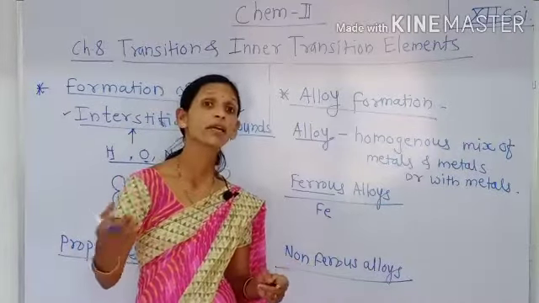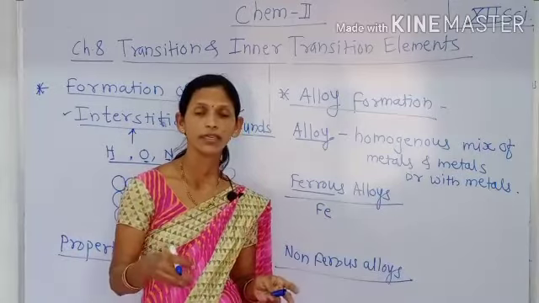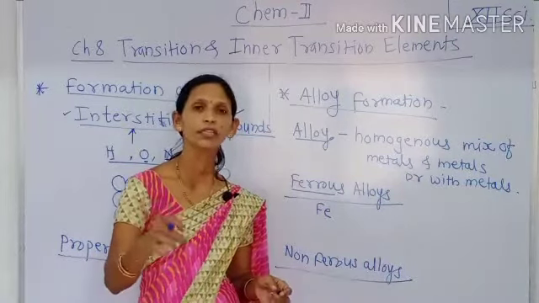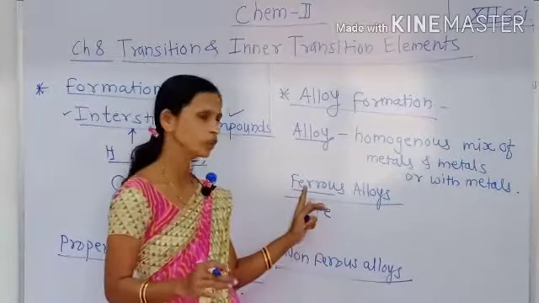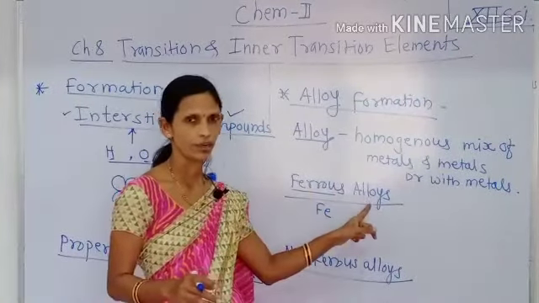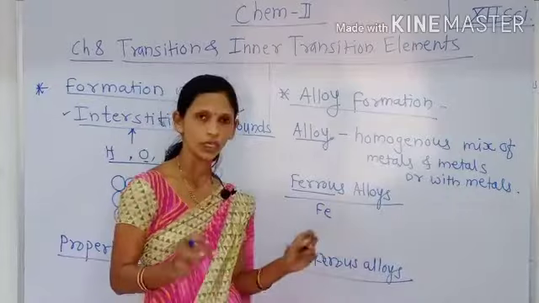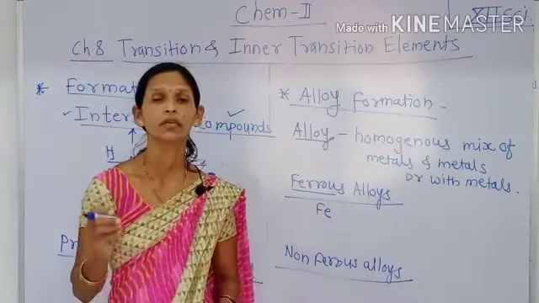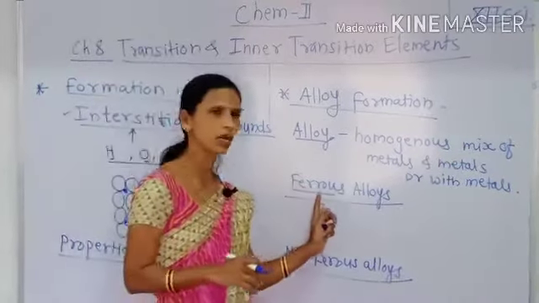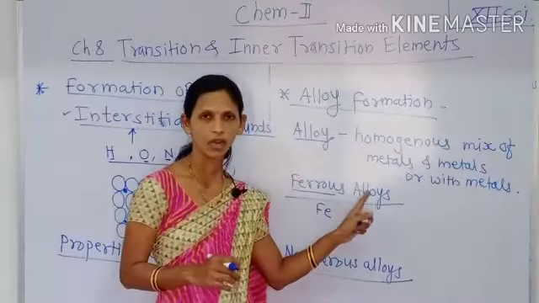When other elements get randomly distributed in the lattice structure of iron, the alloy which is formed is called a ferrous alloy. Here the main element is iron, therefore these are called ferrous alloys.